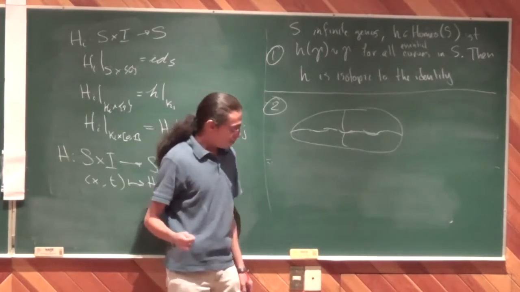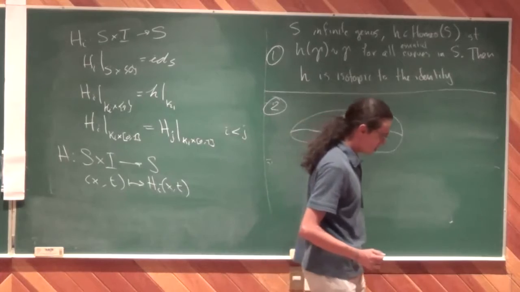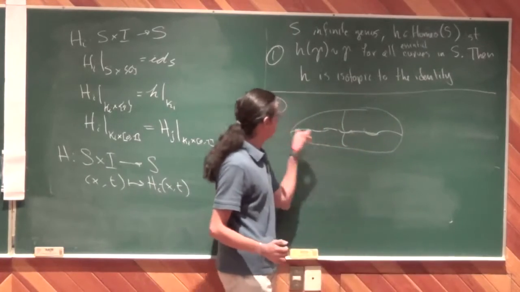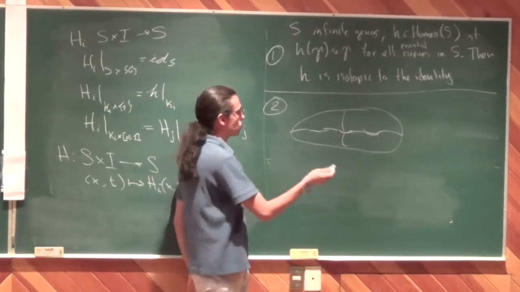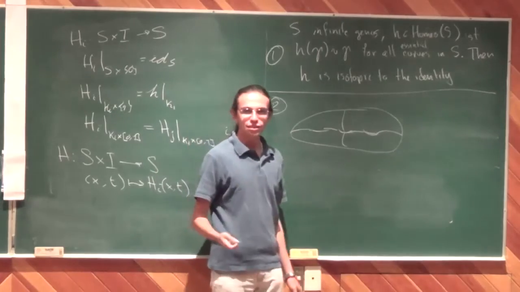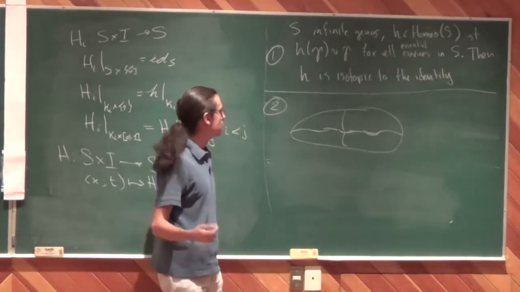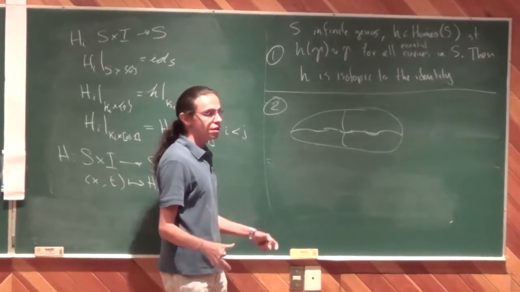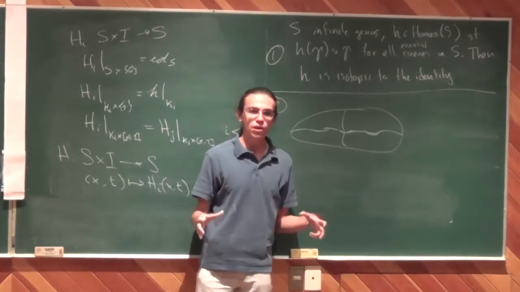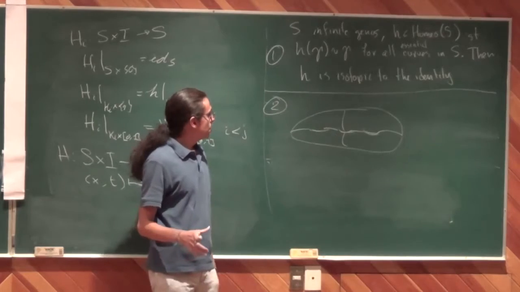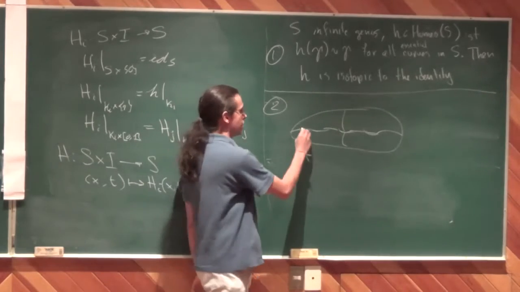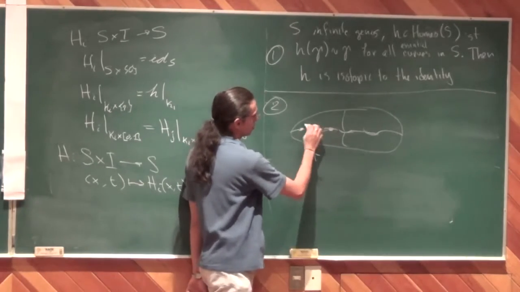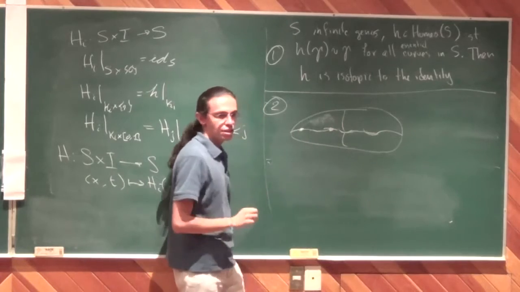Now, those pair of pants decompositions work nicely. We can say that two curves are adjacent relative to a pair of pants decomposition if they are both boundaries of the same pair of pants. For example, this one is adjacent to this one because we have this pair of pants.